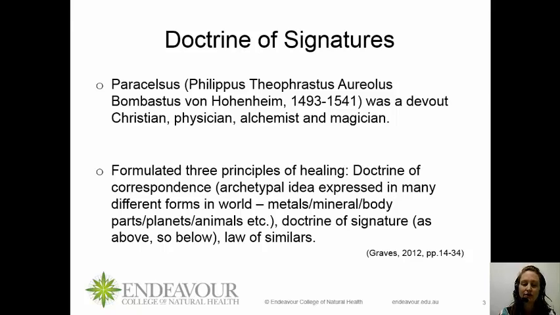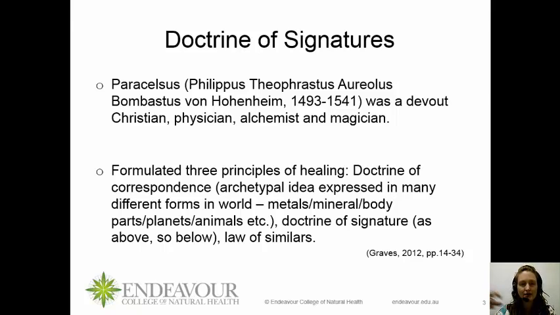So the doctrine of correspondence, which was an archetypal idea that looked at the relationship between the microcosm, so it could have been a mineral or a plant or an animal, like a person, in relation to the planets. So astrology was a component of alchemy, in relation to other components of the macrocosm.